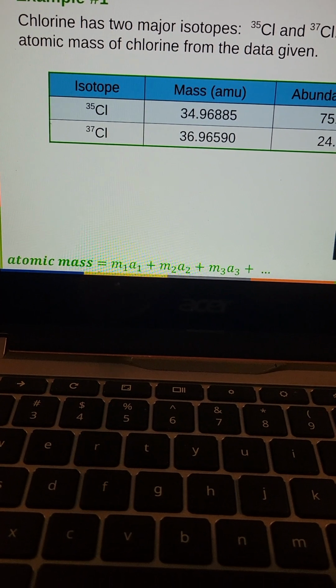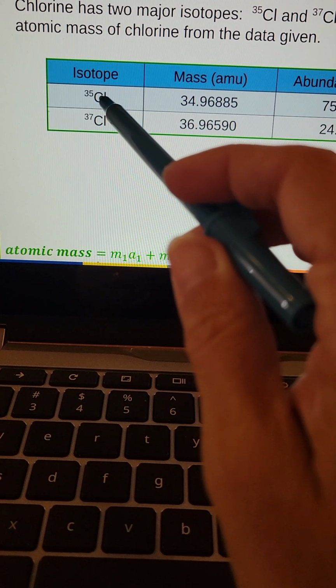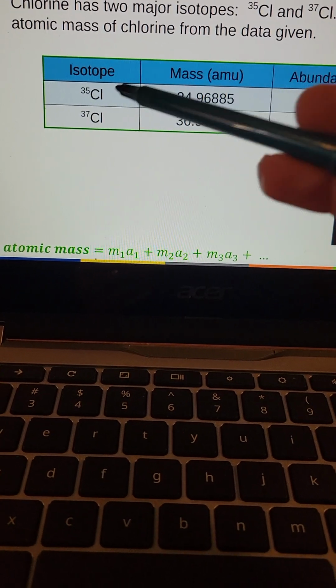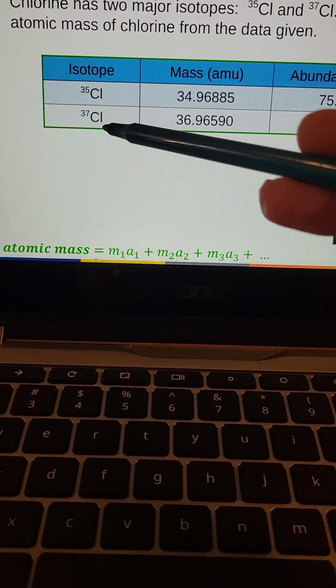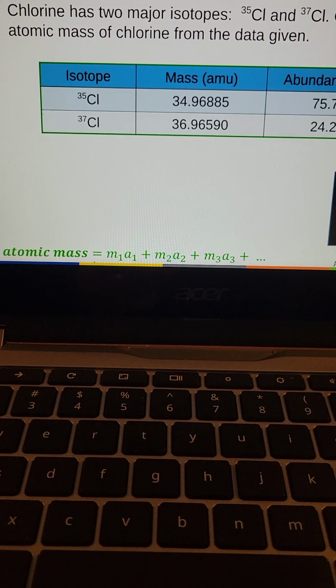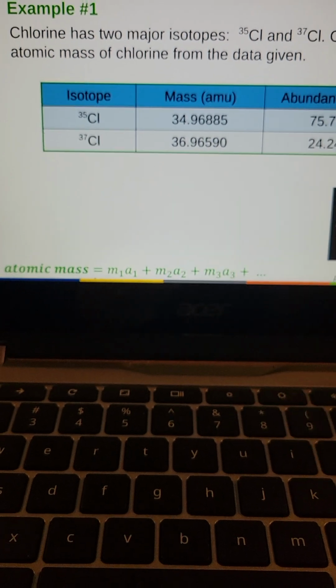The chlorine 35 is more abundant, so we would expect that the atomic mass, the weighted average, is going to be closer to 35 than it is to 37. And if you look up chlorine on the reference table, you'll find that the mass is much closer to 35 than it is to 37.